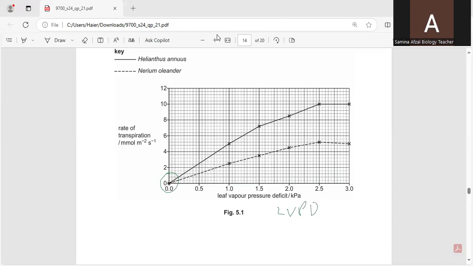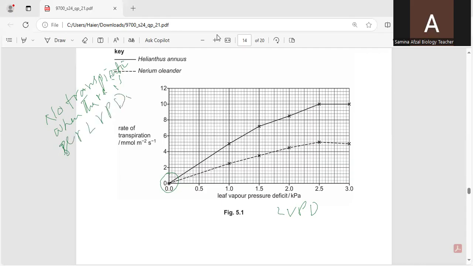So in this way we can write that there will be no transpiration when there is zero LVPD.